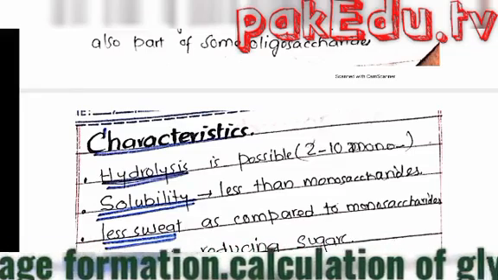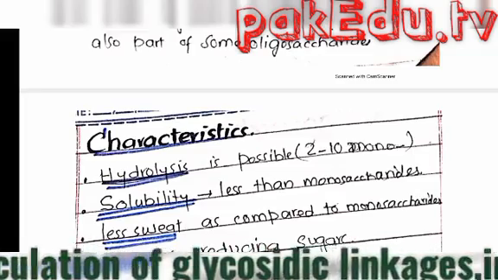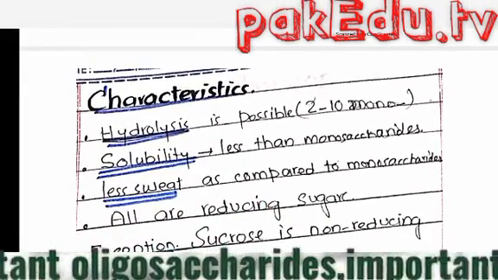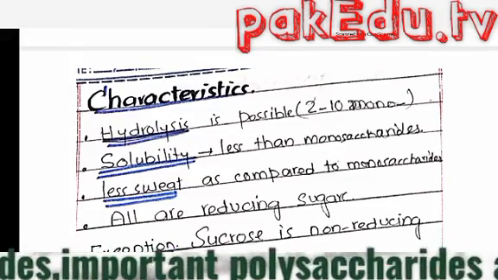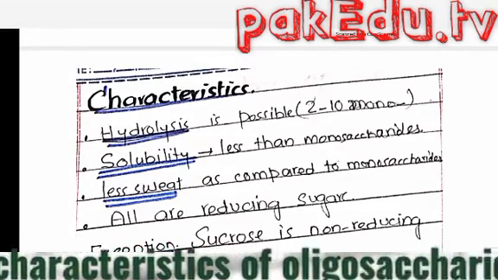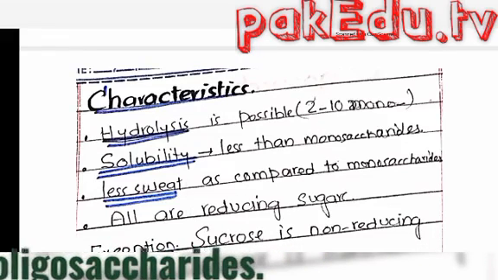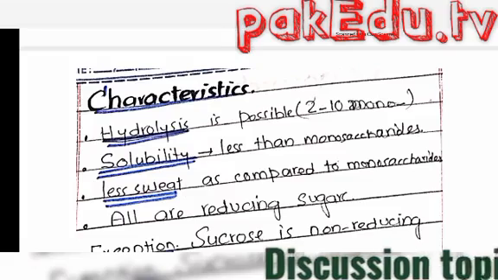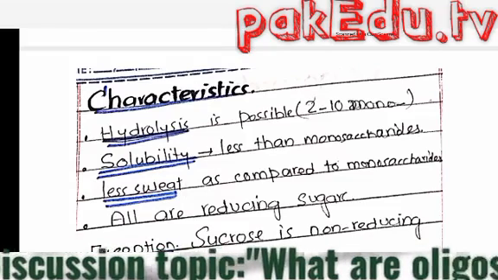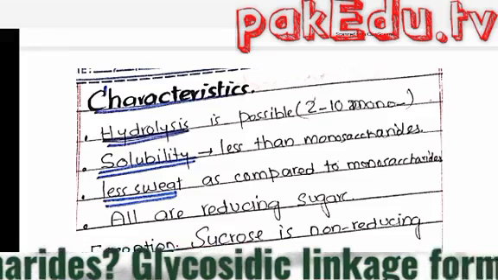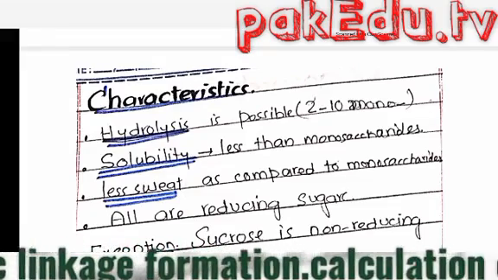So hydrolysis of oligosaccharides is possible. Regarding solubility, oligosaccharides are less soluble than monosaccharides, because solubility is inversely proportional to the number of carbon atoms. As the number of carbon atoms in oligosaccharides is greater compared to monosaccharides, solubility will be less.